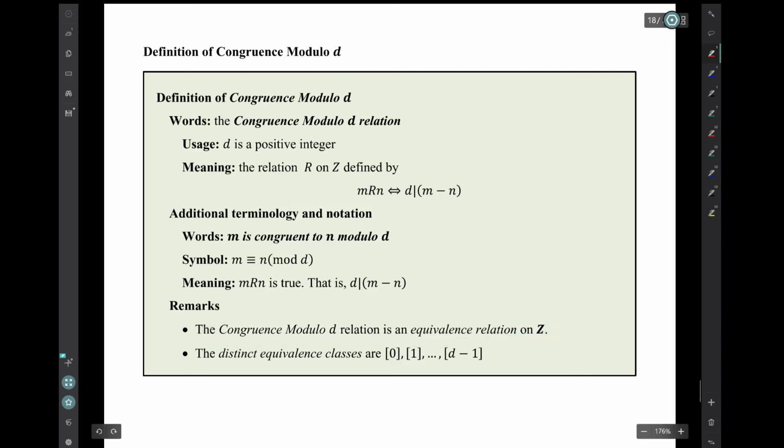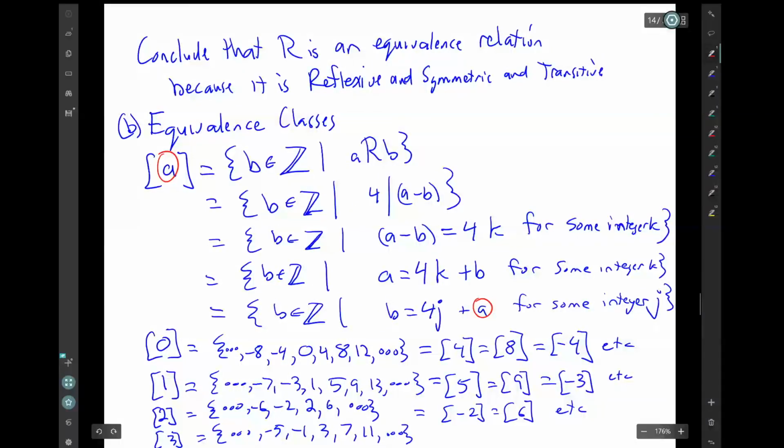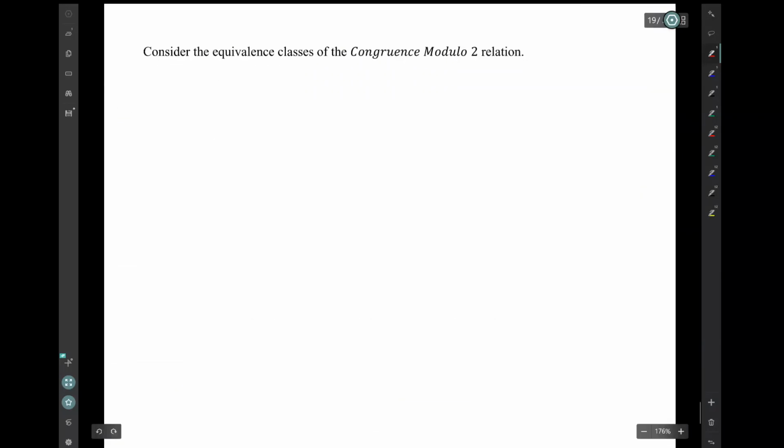And the distinct equivalence classes are these, starting with the equivalence class of 0, then the equivalence class for 1, and so on up to the equivalence class of d minus 1. Remember that the equivalence classes for congruence modulo 4 were these four classes, starting with the equivalence class of 0 and ending with the equivalence class of 3. Now, what about the equivalence classes of the congruence modulo 2 relation?